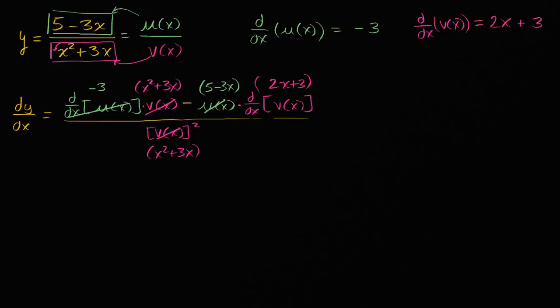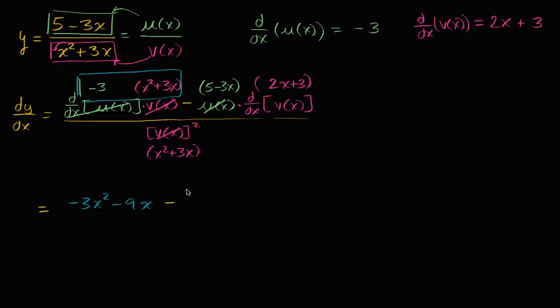Well, it's going to look a little bit hairy. First we have this business up here: negative 3 times x squared plus 3x. So I'm just going to distribute the negative 3, so it's negative 3x squared minus 9x. And then from that, we are going to subtract the product of these two expressions.